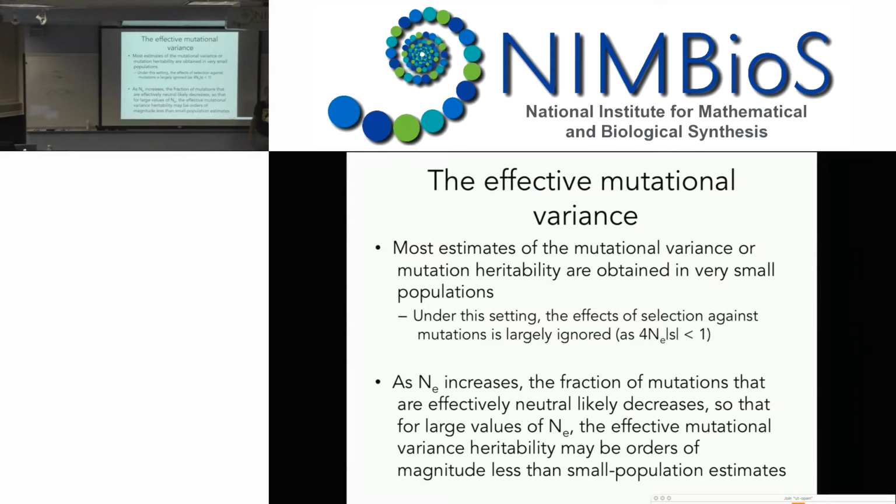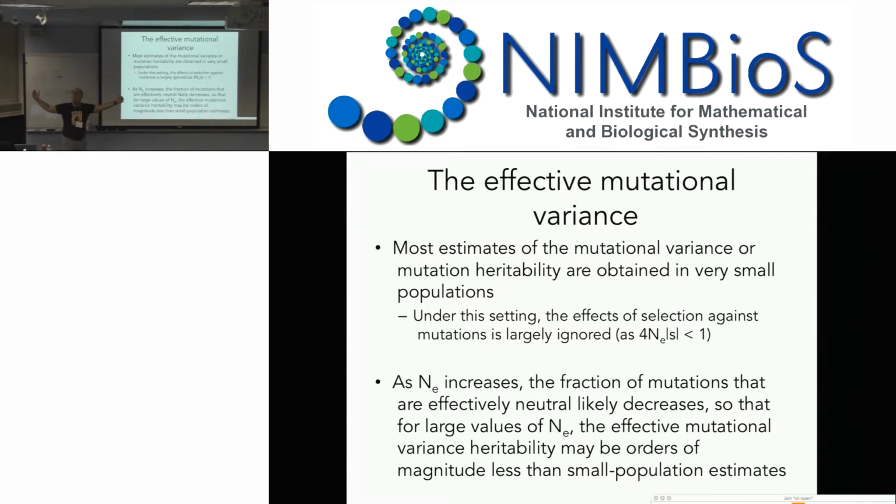Because as population size gets larger, more of the new mutations, which were not scored as deleterious in small populations, now become deleterious and don't contribute. So as Ne increases, the fraction of mutations that are effectively neutral likely decreases. So you do probably get the fact that divergence actually slows down as Ne gets larger. Why? Because the mutational variance, the part that can actually contribute, gets smaller.